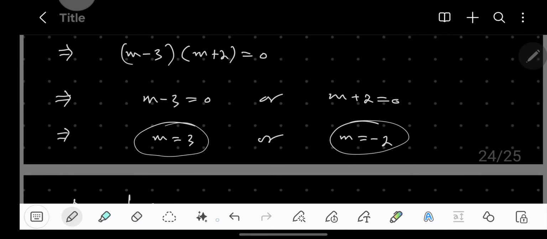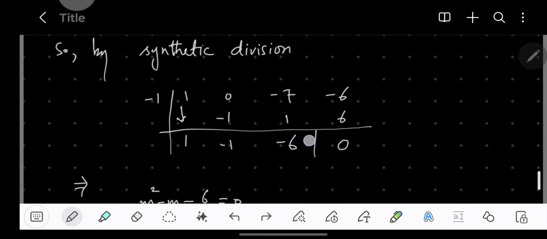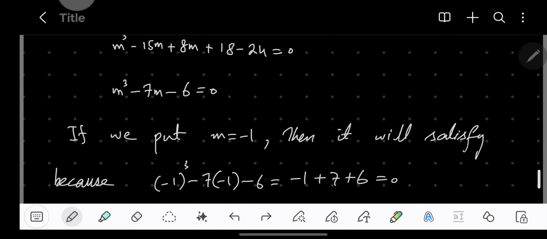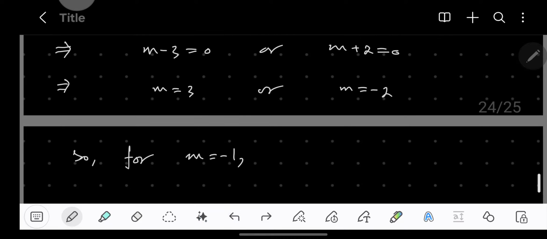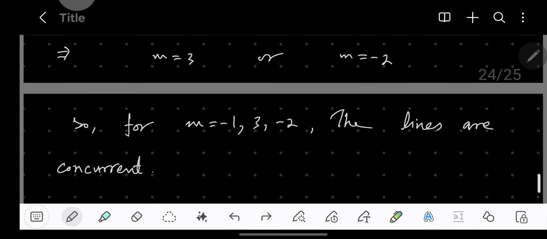These are the two values of m, and there is another value which we supposed in the start. So we have three values: m is equal to minus 1, m is equal to 3, and m is equal to negative 2. For these values of m, the lines are concurrent.